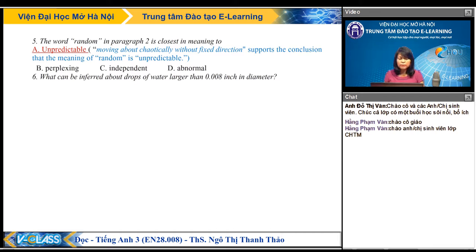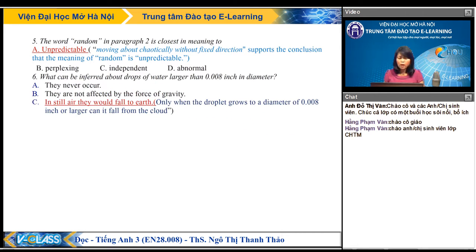What about number 6? What can be inferred about the drops of water larger than 0.008 inch in diameter? They never occur. They are not affected by the force of gravity, or they are thin in thin air.